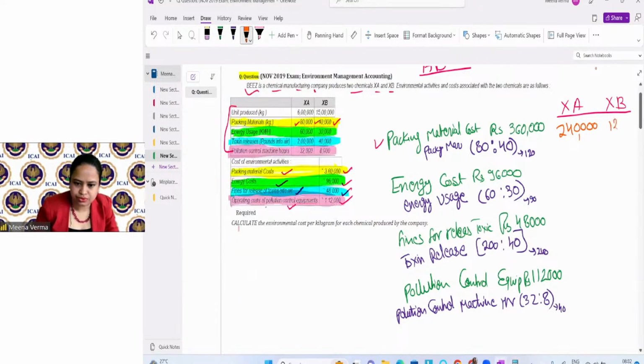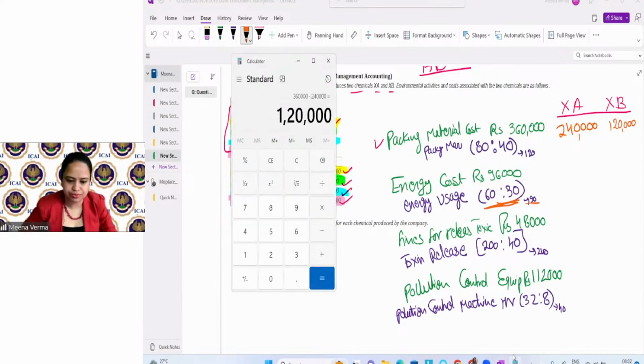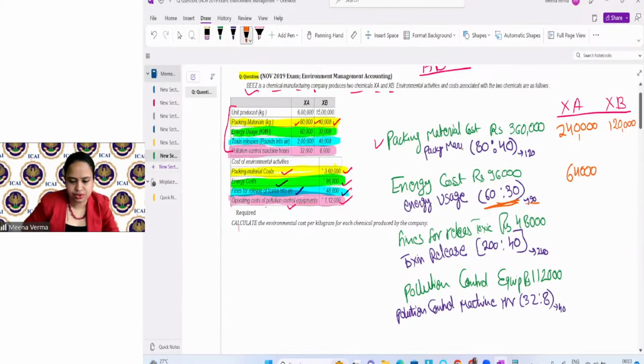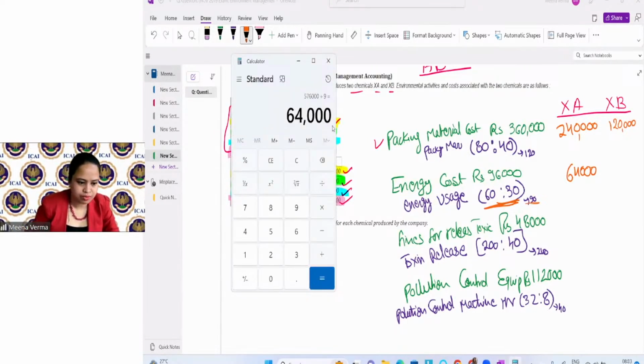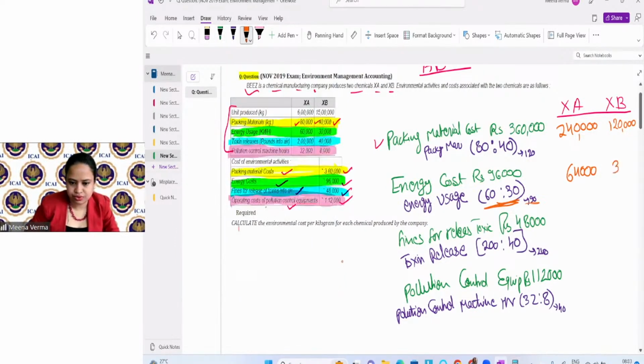One lakh 20,000. All right. Now the next one, energy cost. We will use this cost driver to allocate the cost to these two products. Okay, 96,000 into 6 divided by 9 is 64,000. And the second one is what? Minus 96,000, that is 32,000.